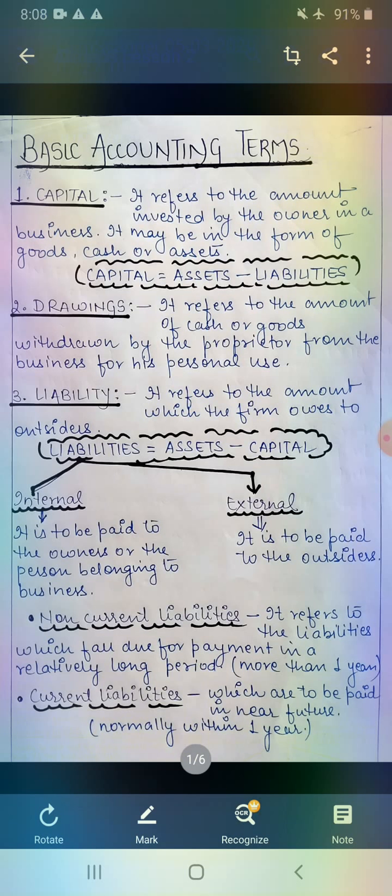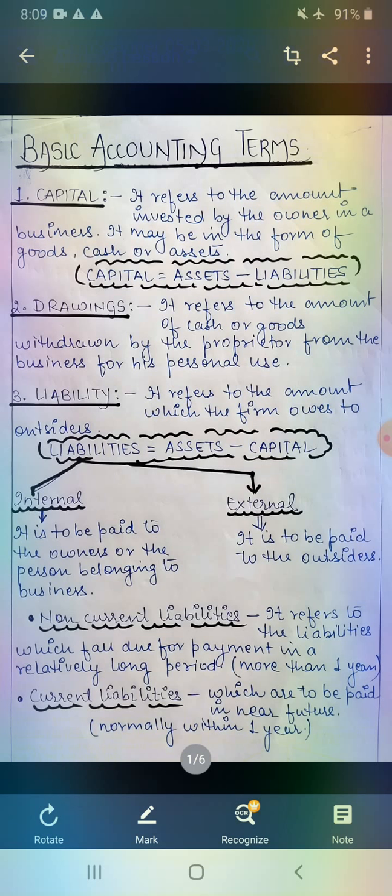Internal liability is to be paid to the owner or to the person belonging to the business. All the amounts which a business entity has to pay to the owner is internal liability, and all the amounts which a business entity has to pay to the outsiders is known as external liability.